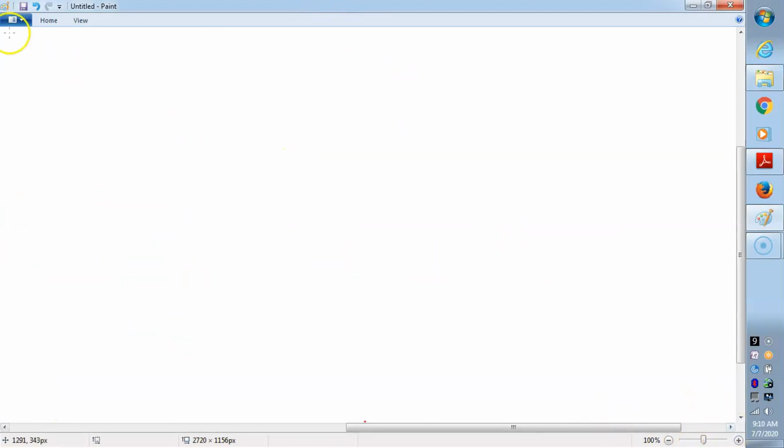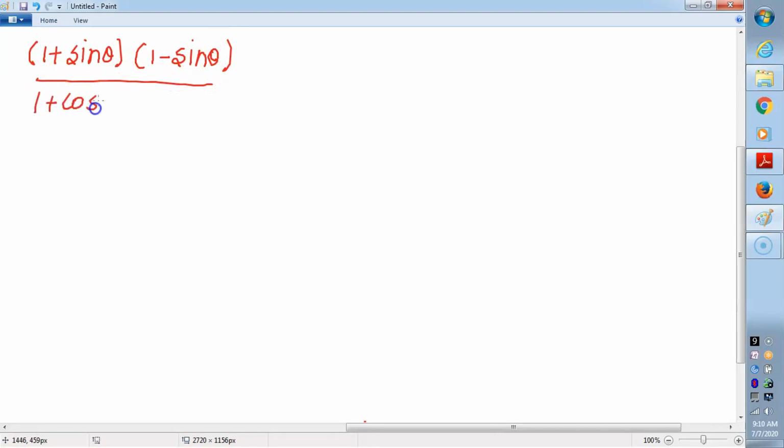What we have to find? 1 plus sin theta, 1 minus sin theta, upon 1 plus cos theta, 1 minus cos theta. Correct? Let's put the values. 1 plus, what is the value of sin?